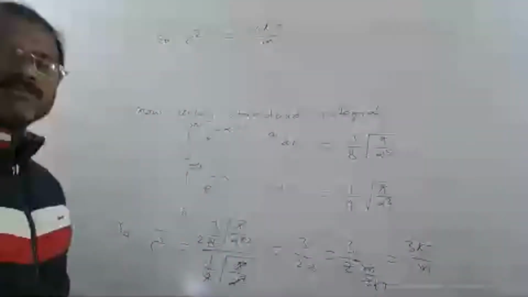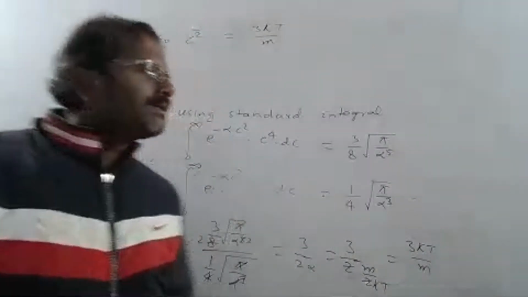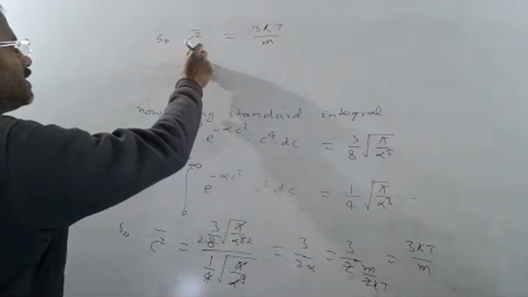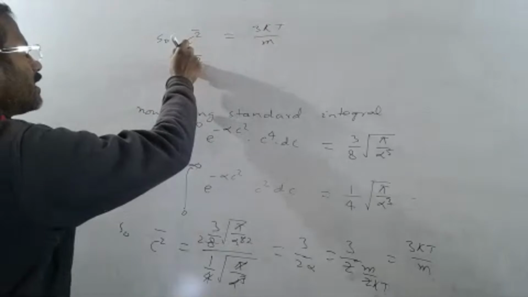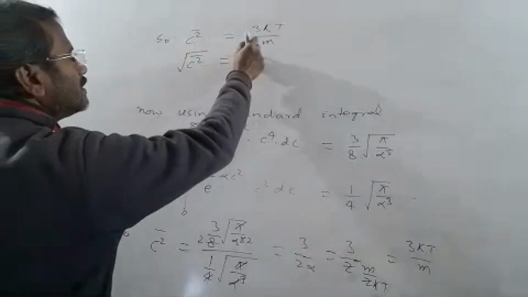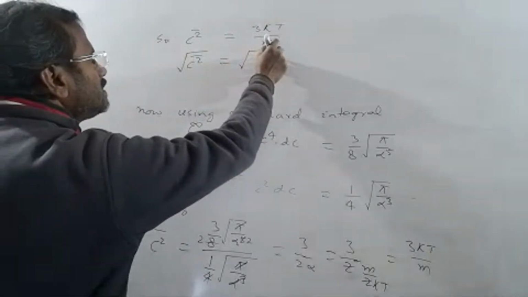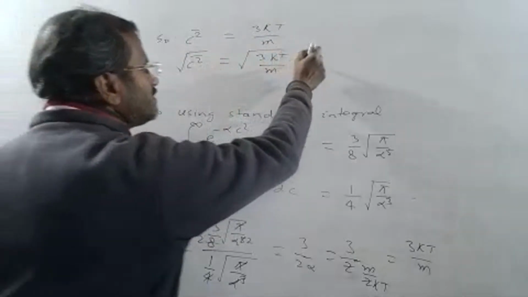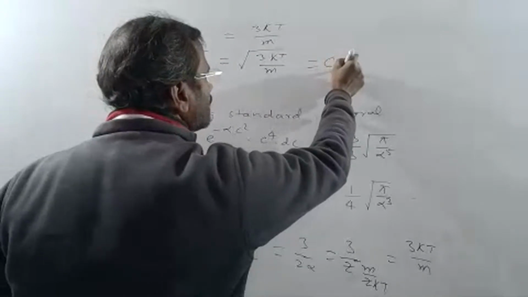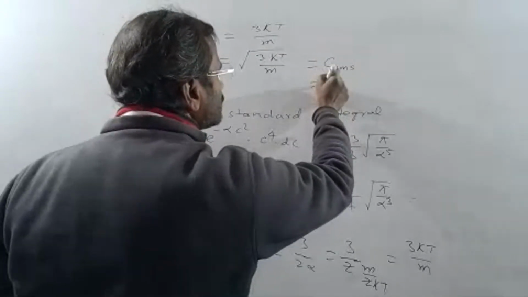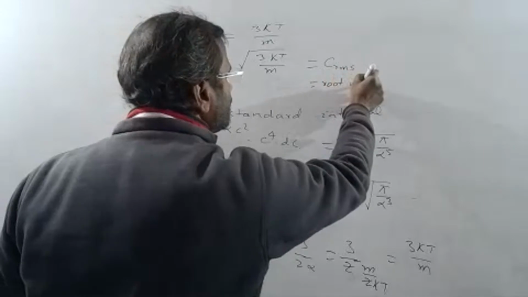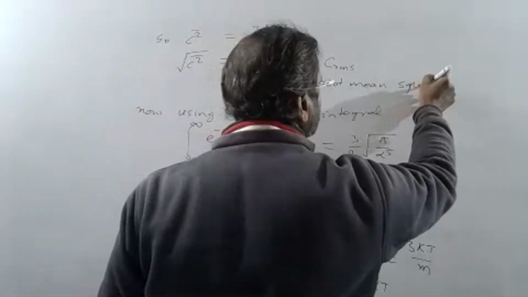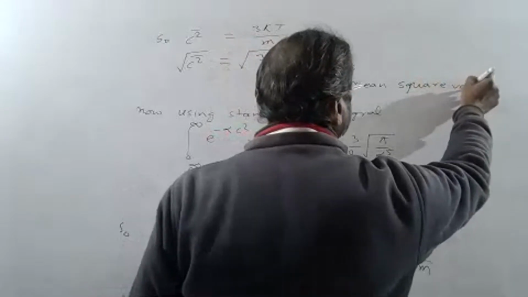Now we take the square root of both sides, then we write root mean square velocity as the square root of 3kT by m, and this is C_RMS, meaning root mean square velocity.